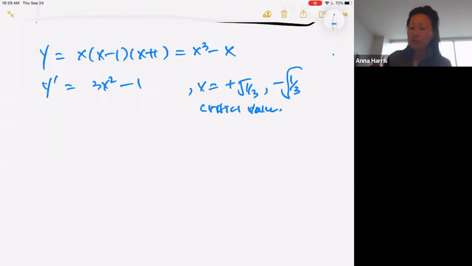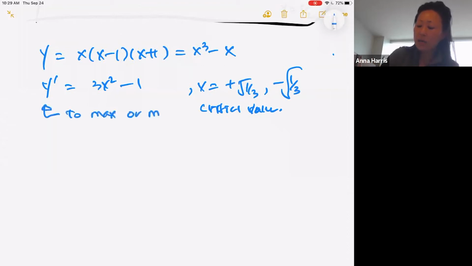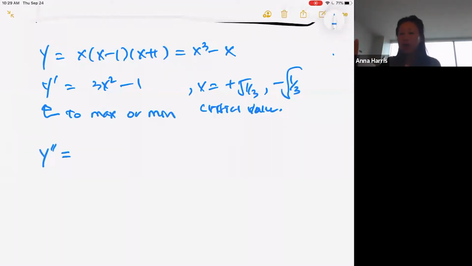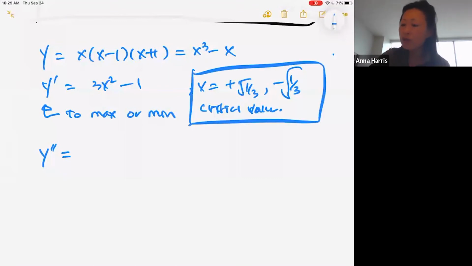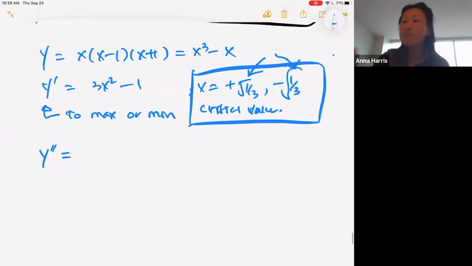Now, we use the first derivative to find max or min. Okay? Now we need to take a second derivative to figure out exactly which one, like which value is going to be a maximum, which is going to be a minimum. We know either square root of 1/3 or negative square root of 1/3 will give you the maximum or minimum.